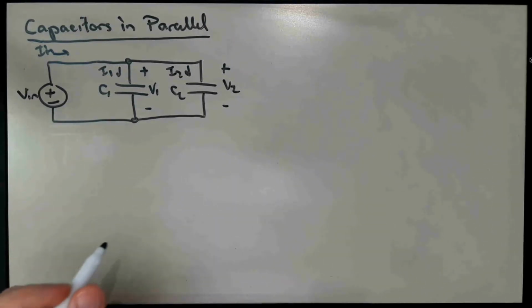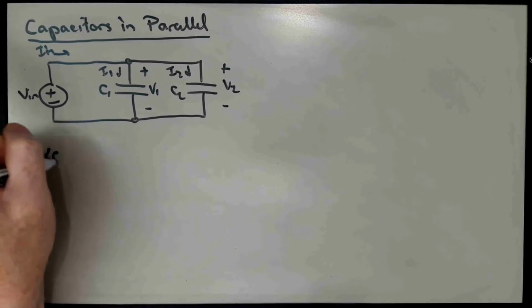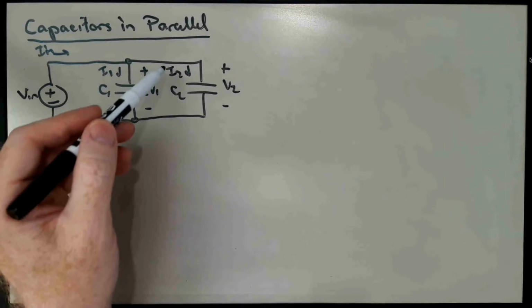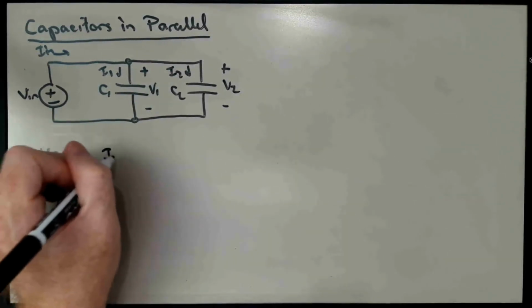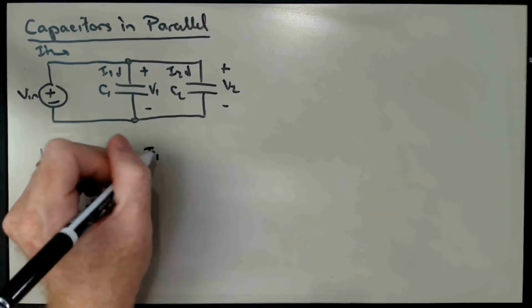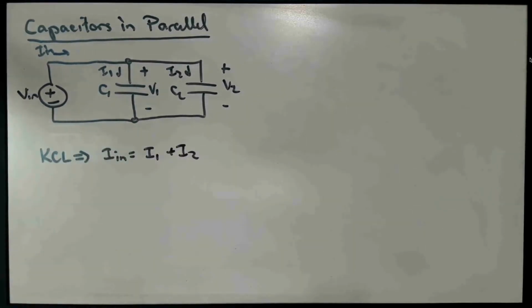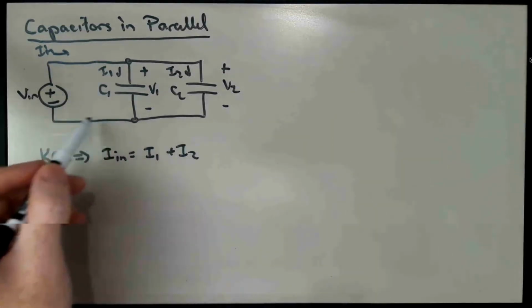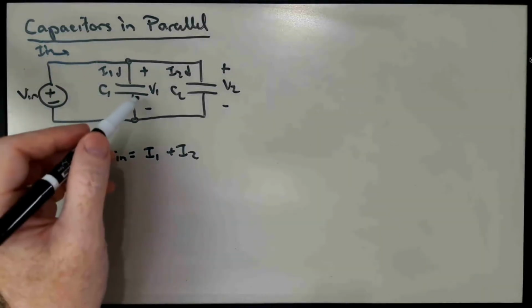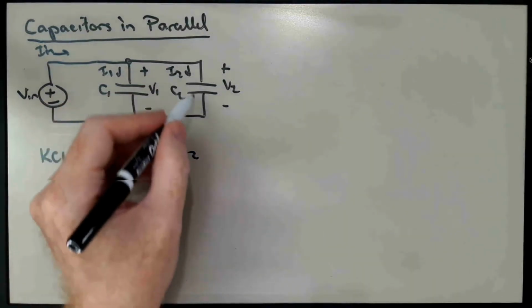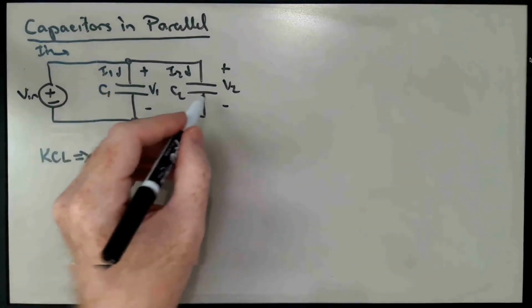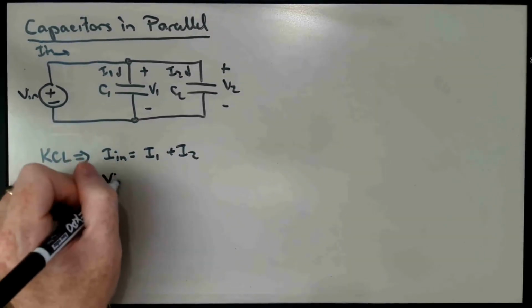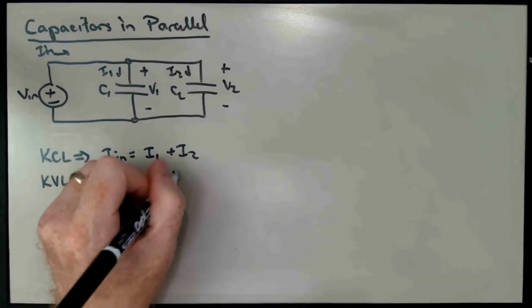Well, what do we know? In this case, KCL tells us that In is equal to the sum of I1 plus I2. If we apply KVL around this first loop here on the left, we get Vn is equal to V1. If we apply KVL around the second loop here on the right, we get V1 is equal to V2. So KVL tells us that Vn is equal to V1 is equal to V2.